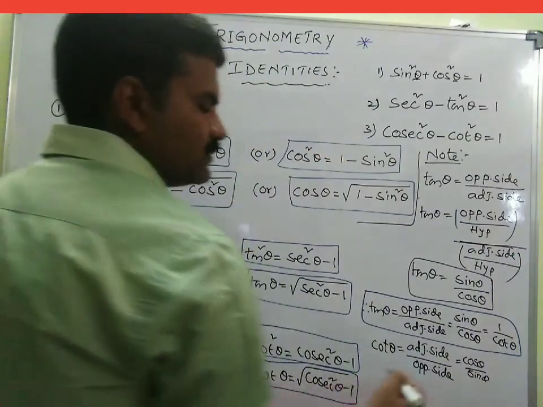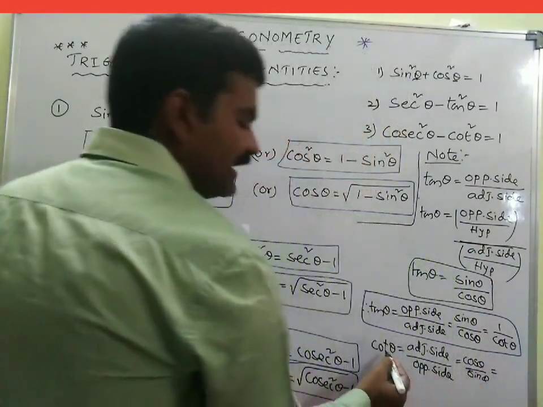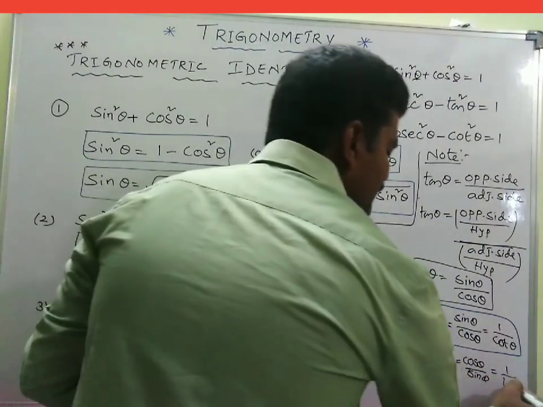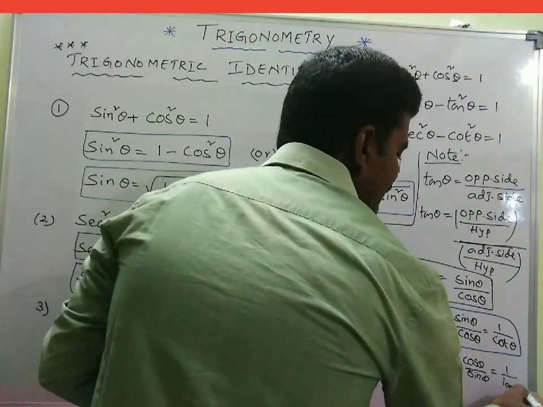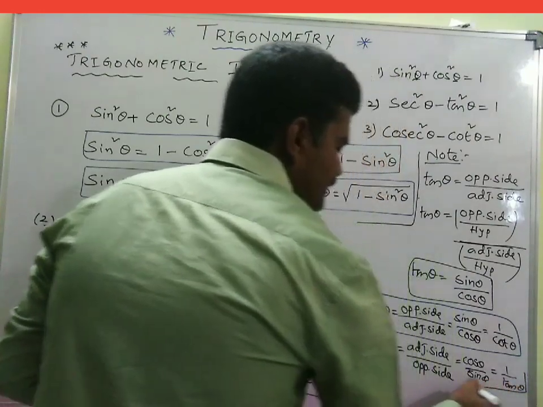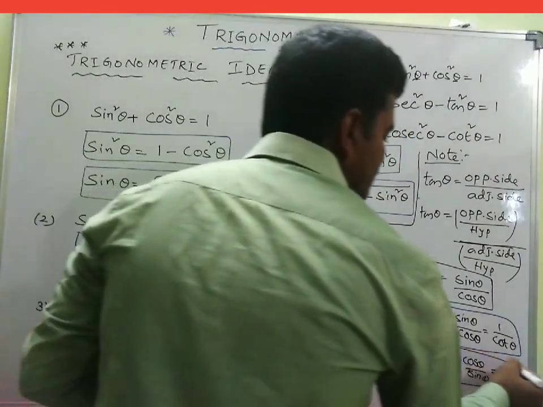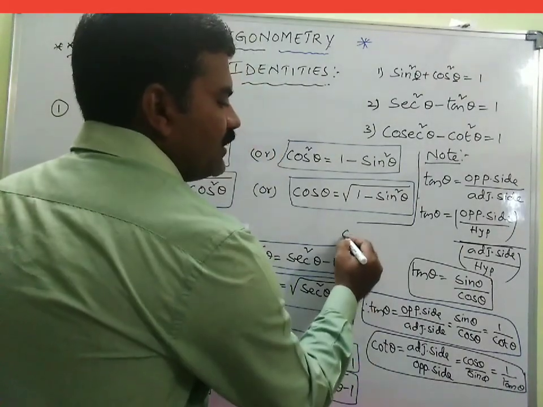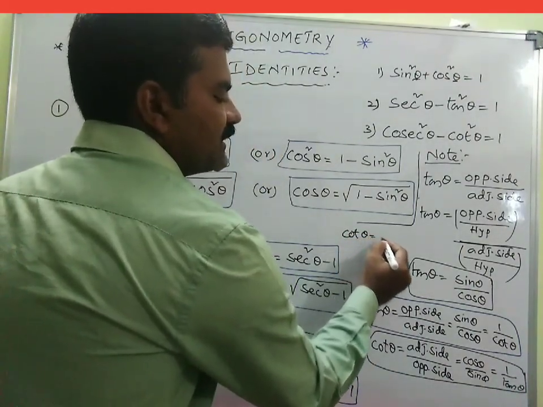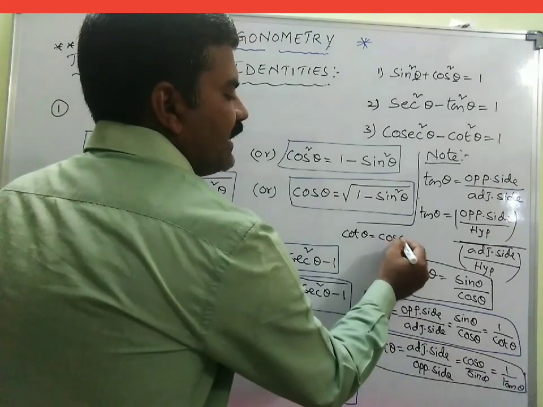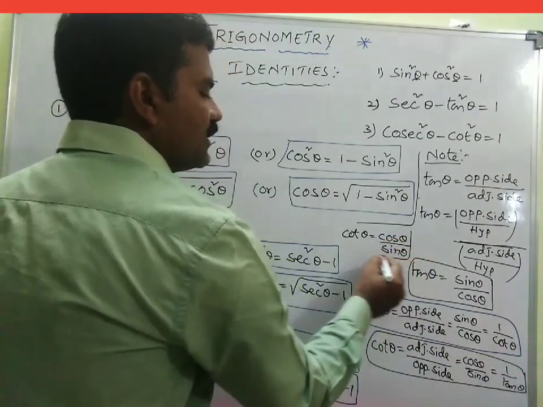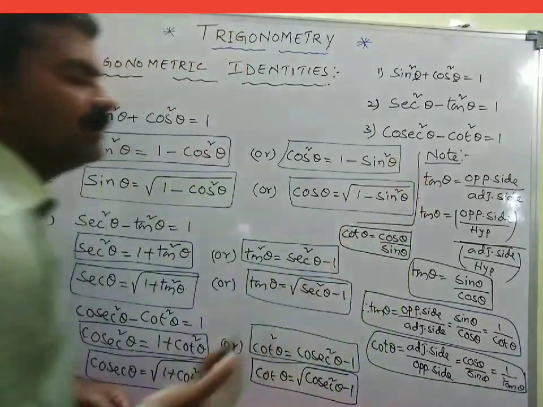As usual, cot theta can be written as 1 by tan theta. So this we already know from the last class itself. So from this what I am telling is that cot theta can be written as cos theta by sin theta. So this is one of the beautiful formulas.